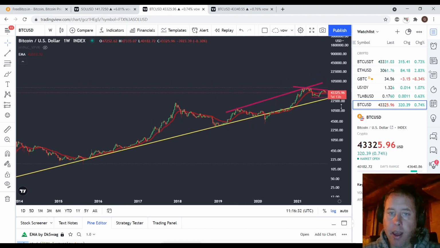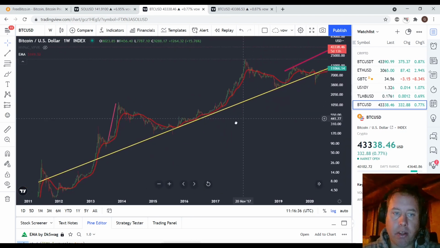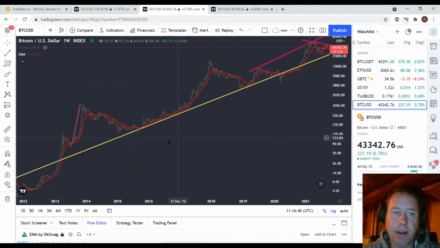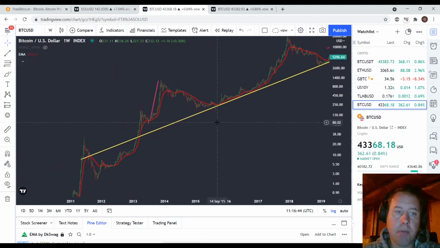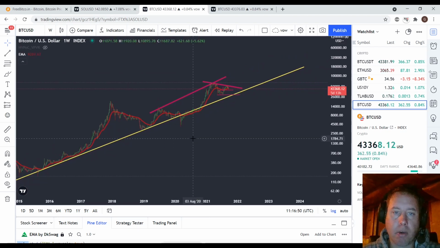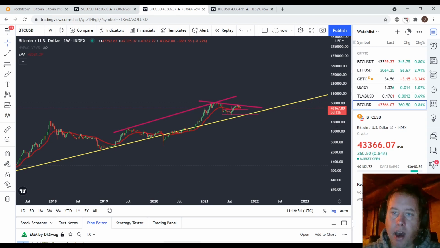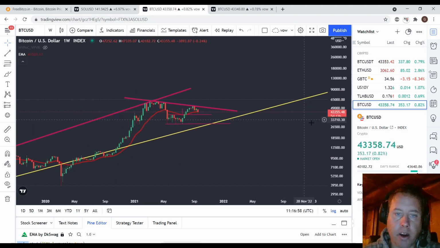Yes, we have fallen under it a few times, but these are mainly black swan events, and I start in 2015 because before this there were completely different things driving the price of Bitcoin. So let's see how far off the magic yellow line we are now.